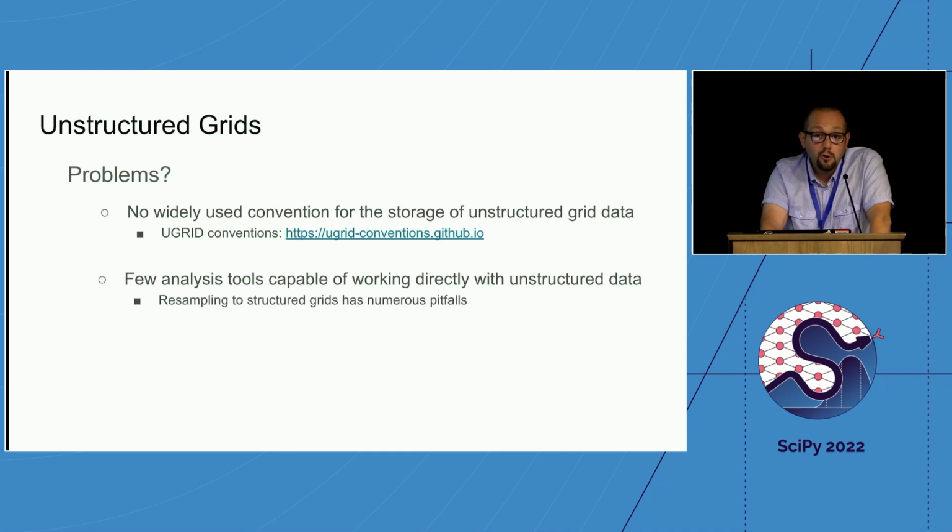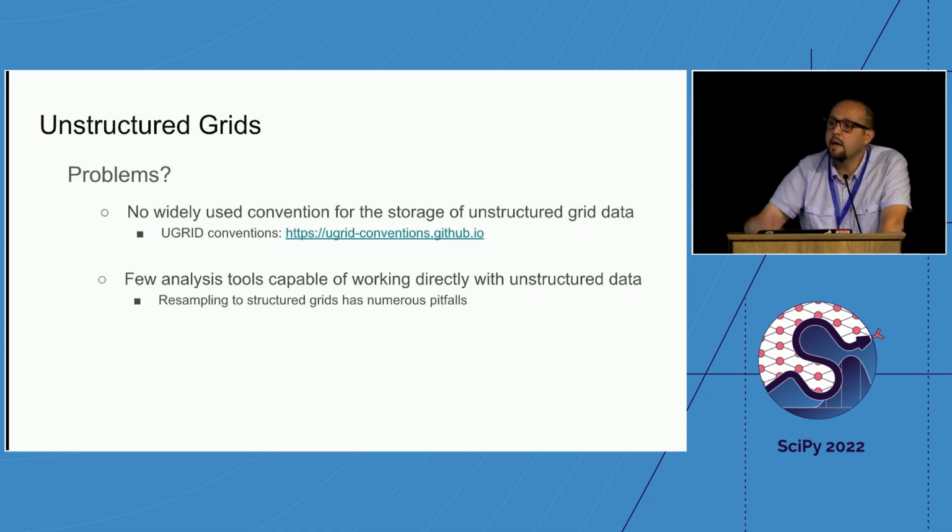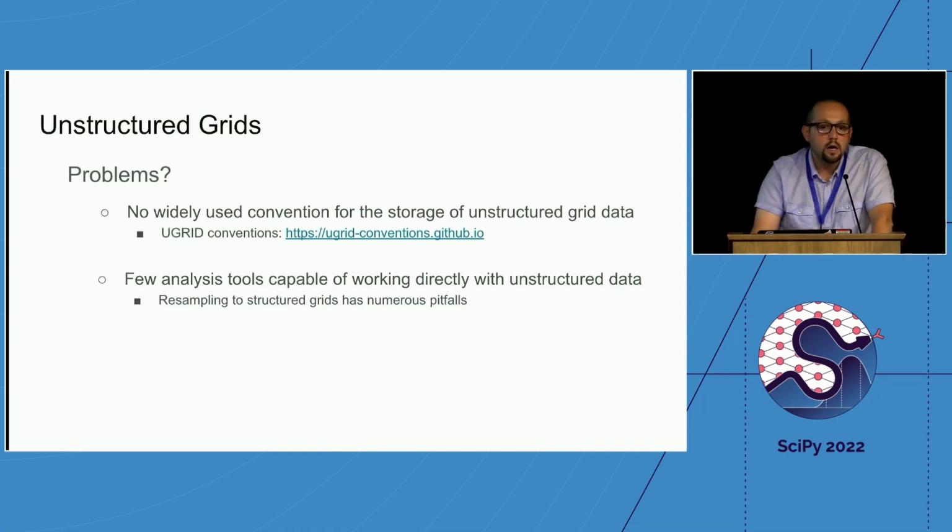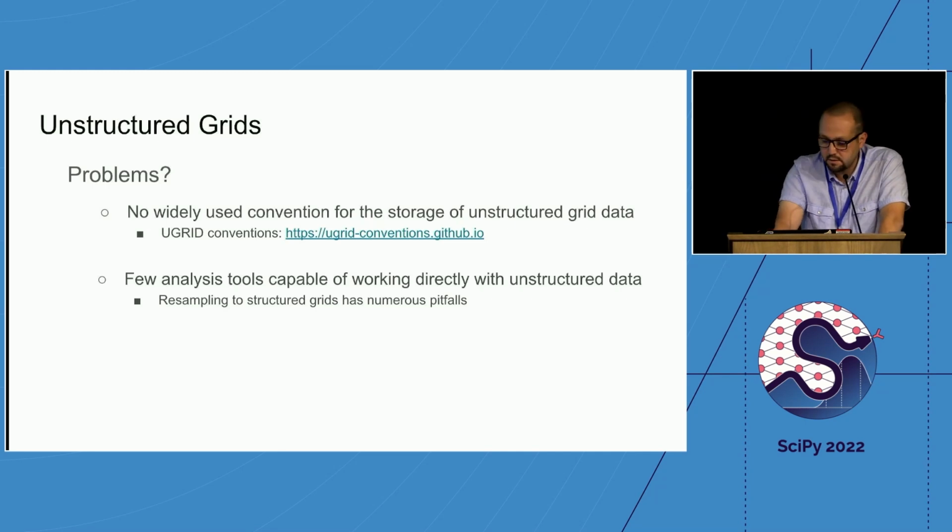And there are only a few analysis tools which are capable of working directly with unstructured grids. So most of the scientific workflow still relies on regridding the unstructured grids first to structured or lat-lon, then doing whatever analysis they want.